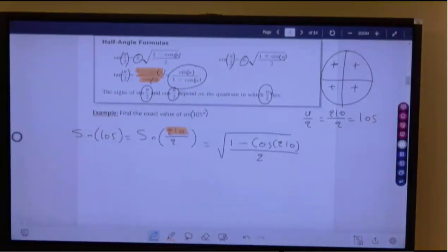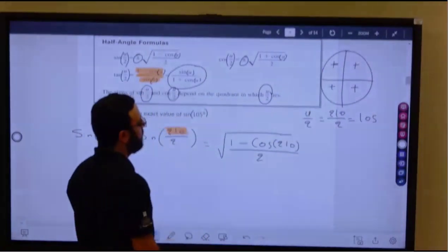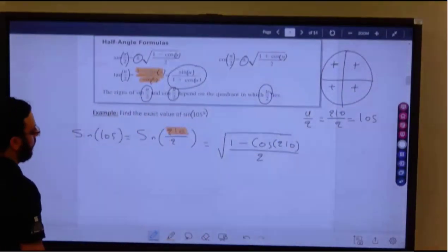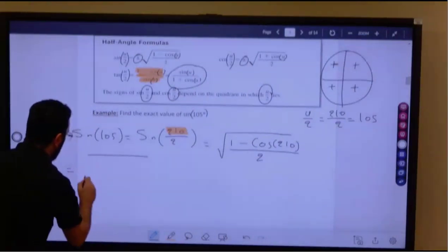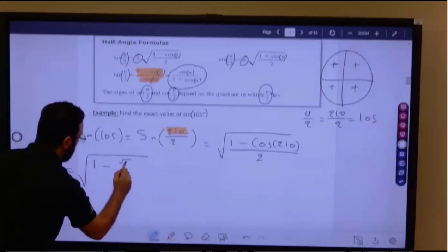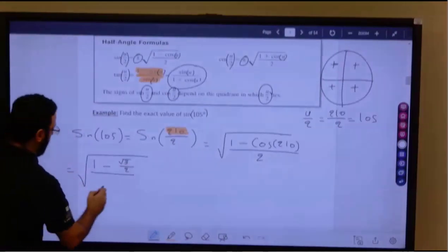Now, if you go back to the circle and check, cosine 210 is going to be square root of 3 divided by 2. So this one is going to be the square root of 1 minus square root of 3 divided by 2, over 2.